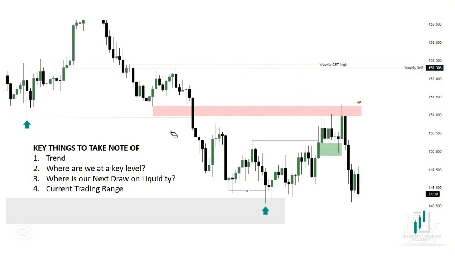The next key thing you have to take note of is that where are we at the key level or not. This will guide you into knowing if the market still has room for a continuation or not.